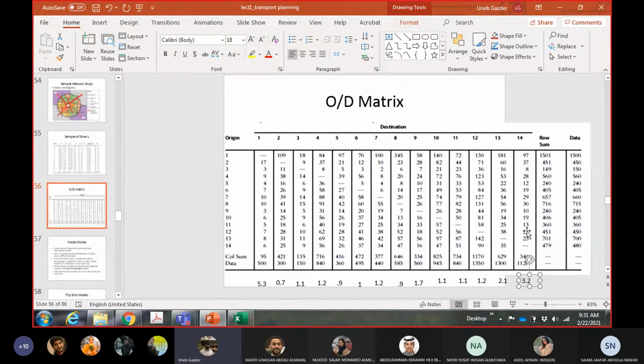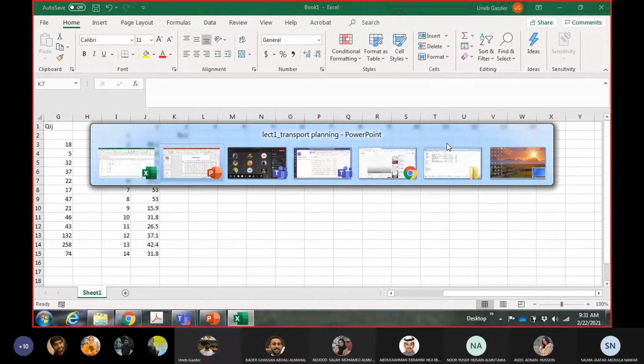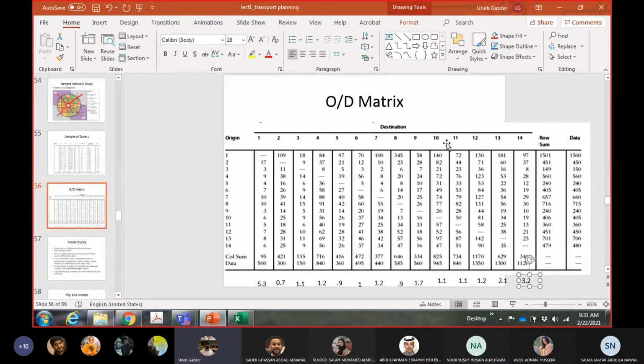They are saying why don't you just take the columns and then apply the factors to the columns. You will balance the columns, and if the rows are not balanced, then you go back to the rows. So it will be in iterations, for rows and then columns and then rows again, something like this. Which one was I doing?